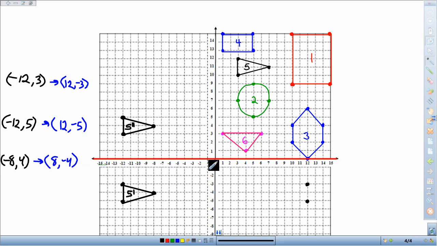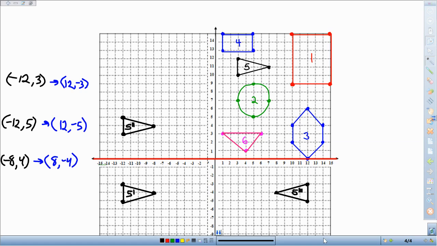And 8, -4 means we go to +8 on the x, down to -4 on the y. And yes, our shape has rotated 180 degrees. To name this last one, you probably guessed it, we're going to call this thing 5 triple prime.